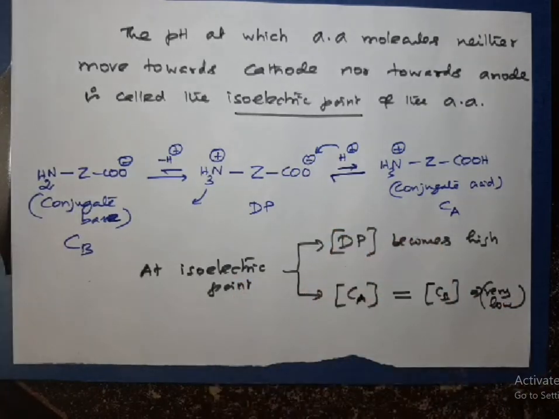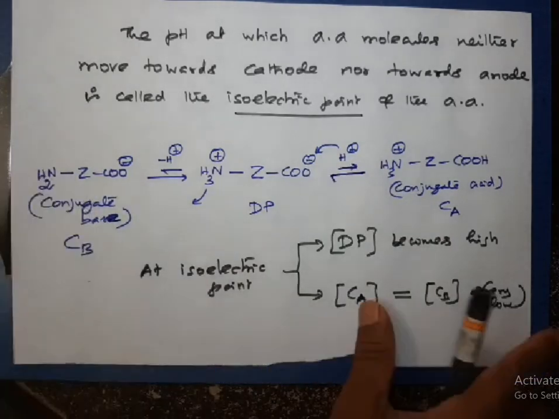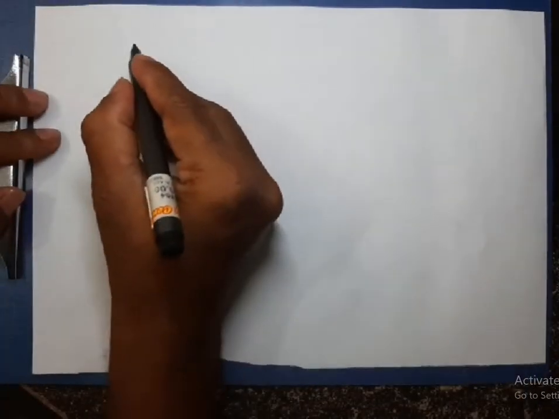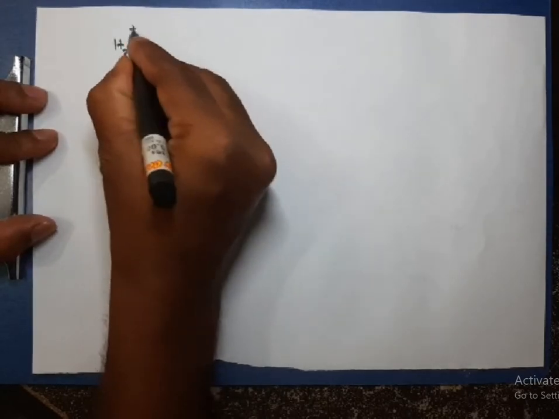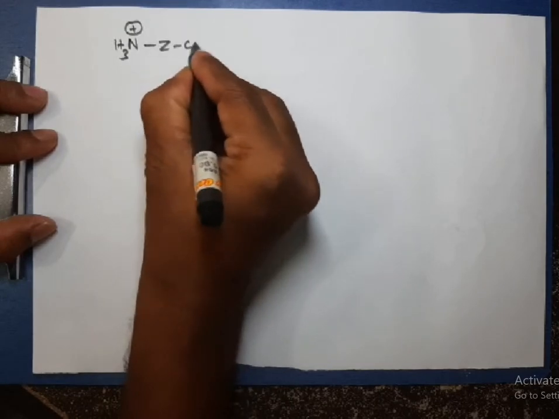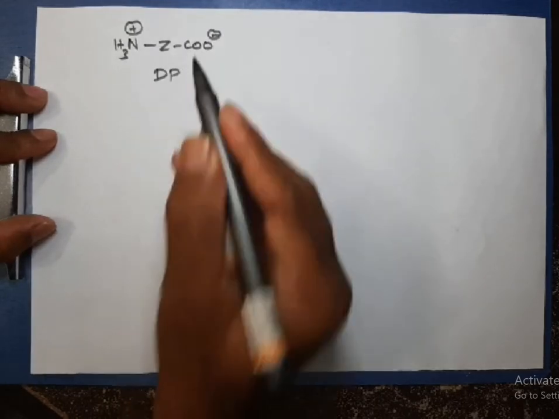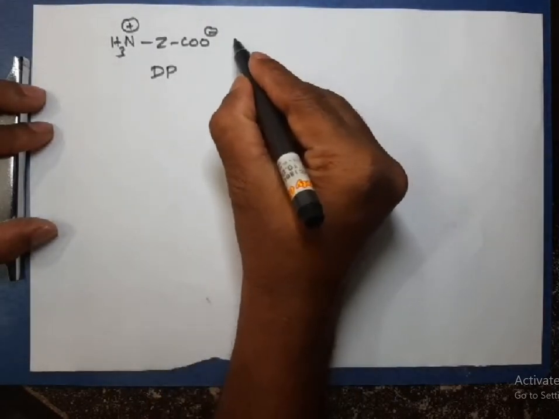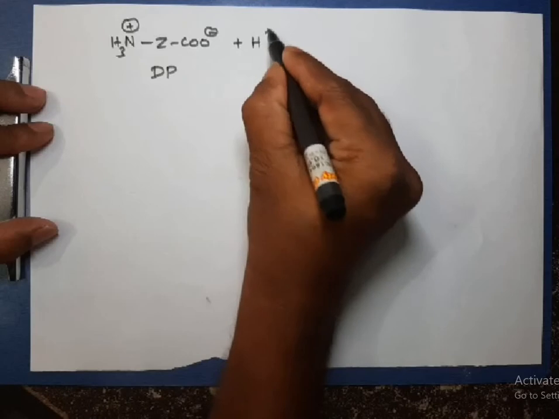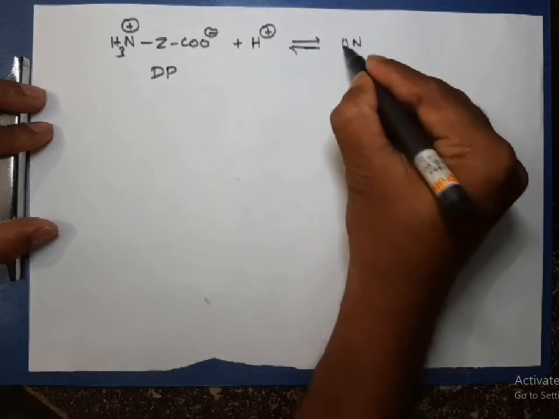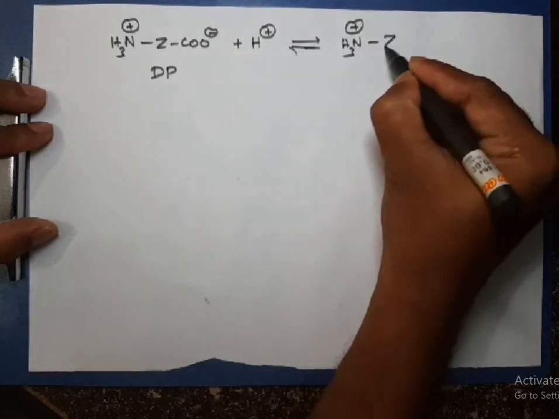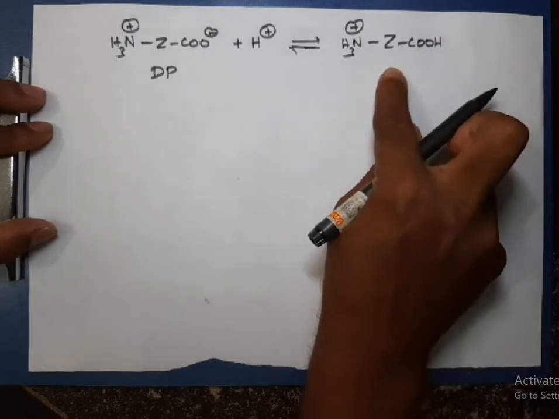Now, keeping this in mind, I am going to calculate the isoelectric point. Students, observe carefully. First I will take this one. This is the zwitterion, the dipolar ion Dp. In the presence of H plus, that is in acidic medium, it takes H plus and forms this ion, the cation.